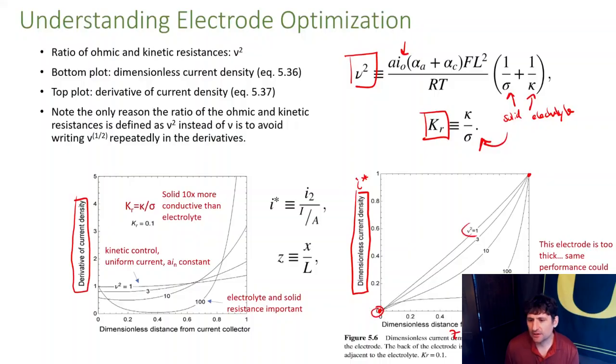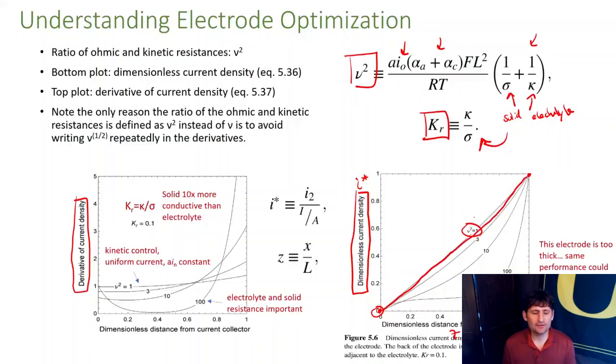Now, if nu squared equals 1, meaning that the kinetic resistance and the ohmic resistance are about the same, so how hard it is to push current across the interface relative to how hard it is to transport electrons and ions, about the same, then throughout the electrode, the amount of current transporting through the electrolyte is linearly increasing.